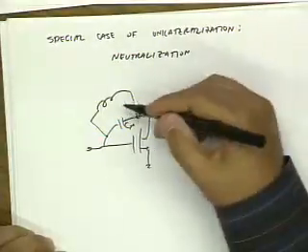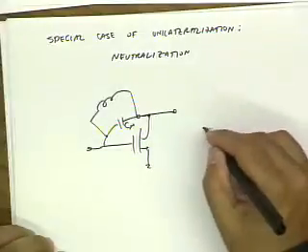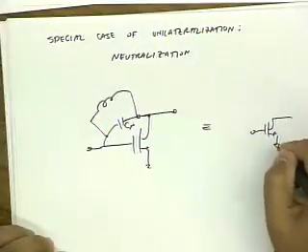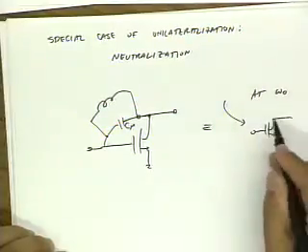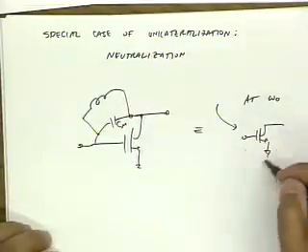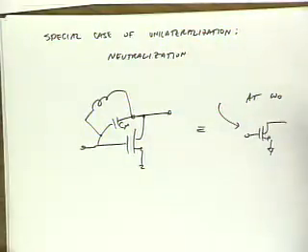At a single frequency, this inductor cancels out this capacitor, and the net effect is a unilateral transistor. So at one frequency, I've gotten rid of C mu. And that's very easy to do. Turns out that if you do that, you actually do get more gain out of your device. You can get a lot more gain out of your device.